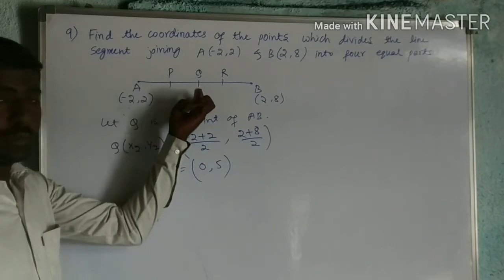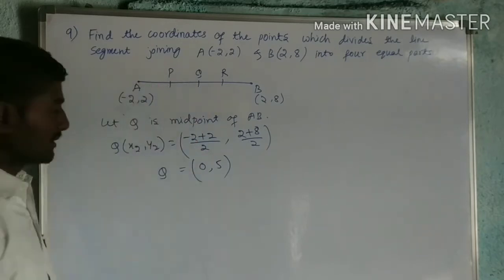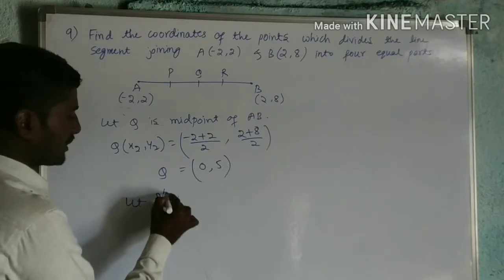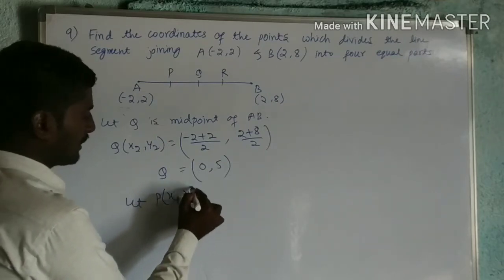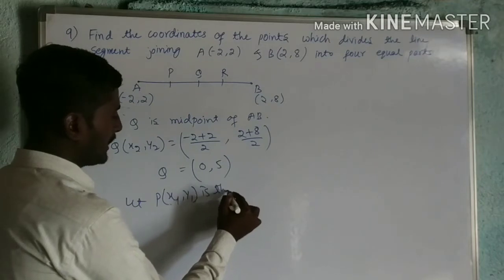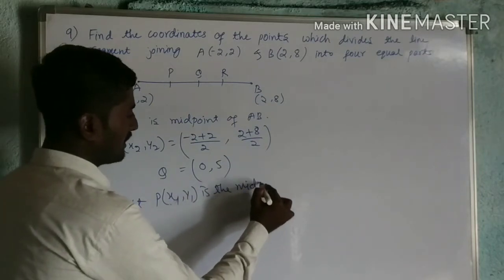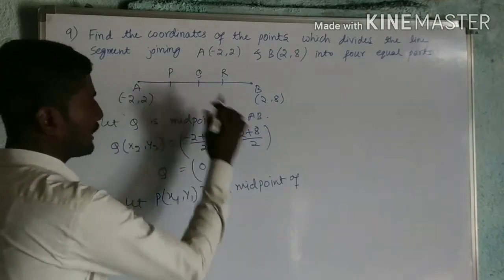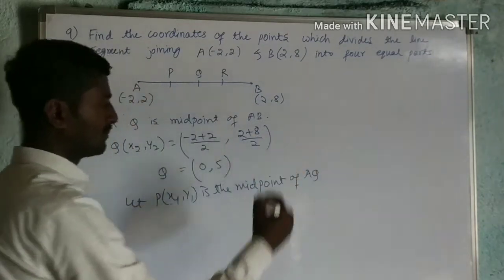Now I got the value of Q. Then I am going to find P. Let P, x1, y1, be the midpoint of AQ.